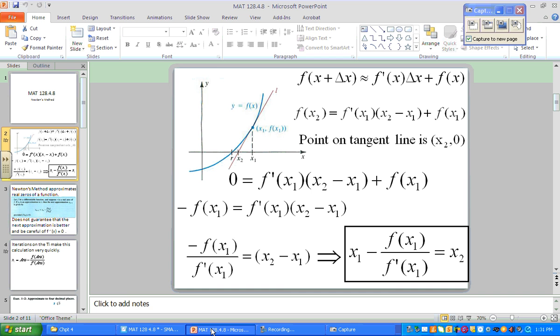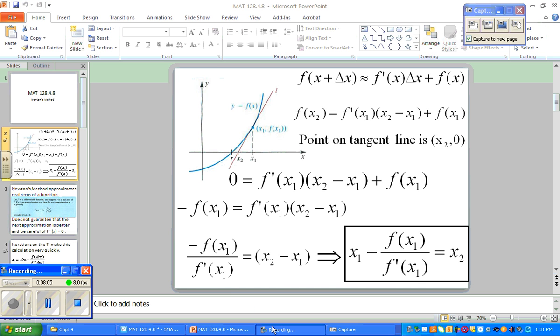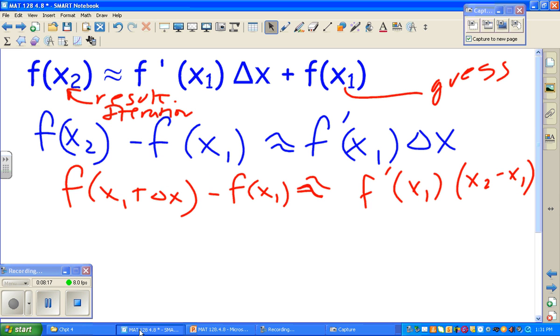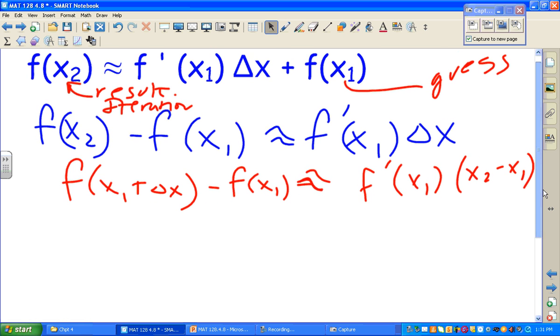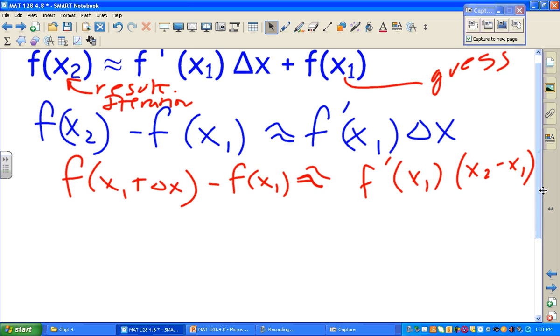The zero. Someplace it will equal 0. Wait a minute. Maybe Newton's method approximates the zeros of the function, thereby giving me a value set equal to 0. Maybe that's the key. Maybe that's the trick. That'd be interesting. So maybe you can only use this for zeros of functions.